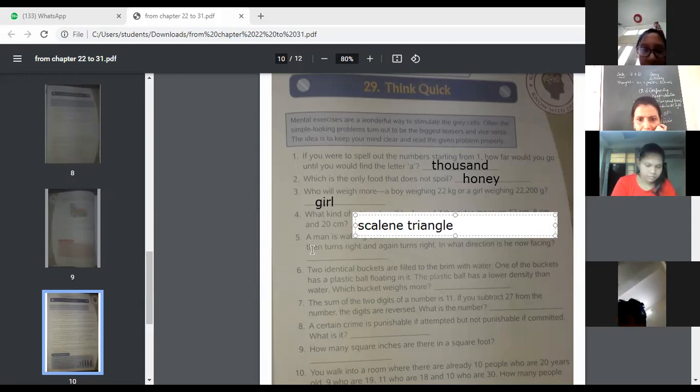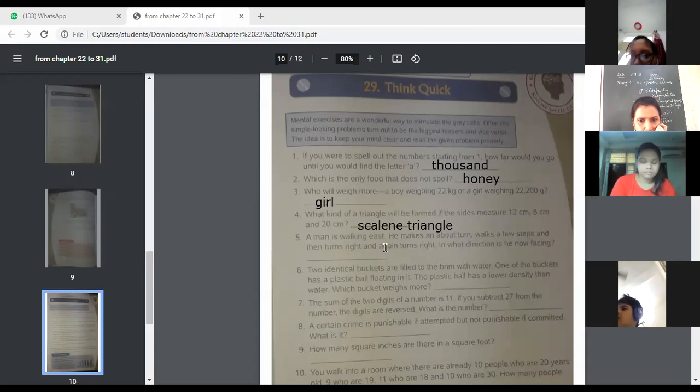Next, a man is walking east. He makes an about turn, walks a few steps, and then turns right. Then again he turns right.